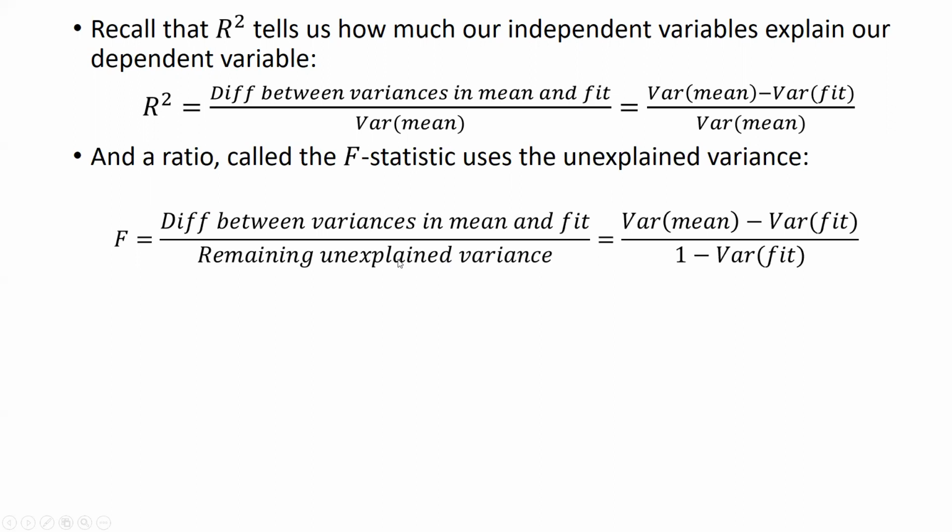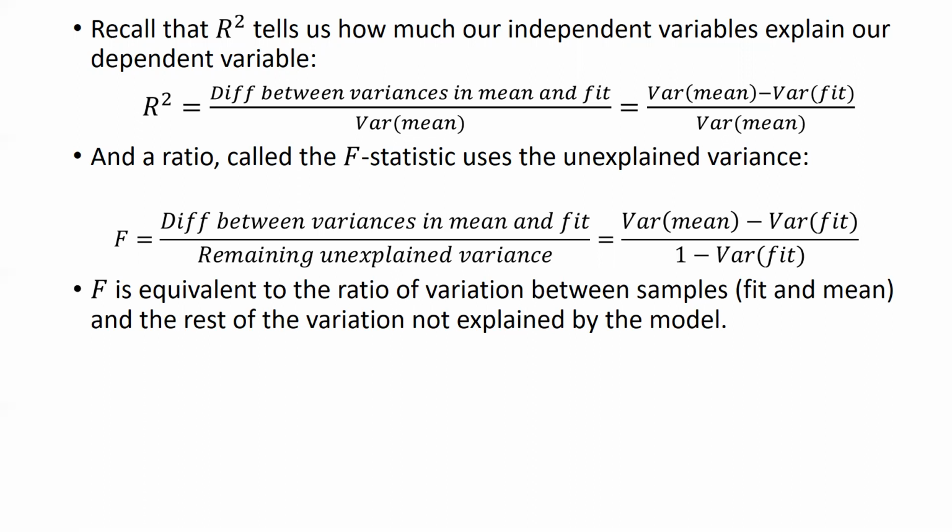Even if we plugged in 100 different predictor variables, we still might not explain 100% of the variance in our response variable. So this is what F tells us: it's the ratio of the variance between the mean and fit divided by the remaining unexplained variance, which is 1 minus var fit.